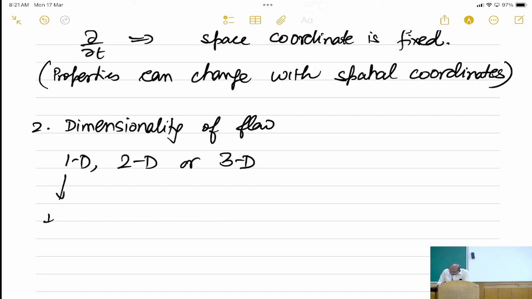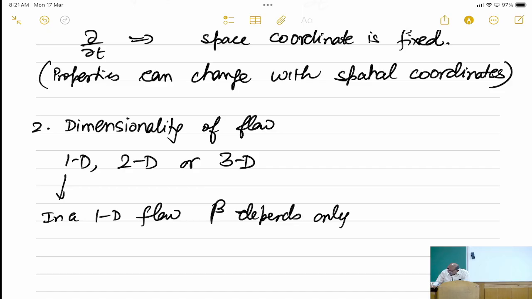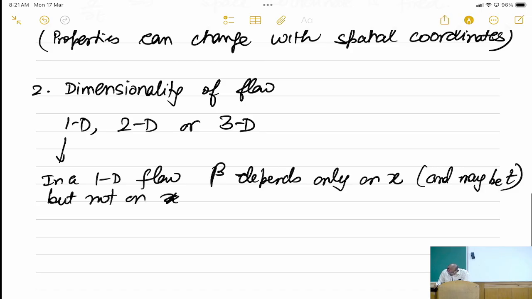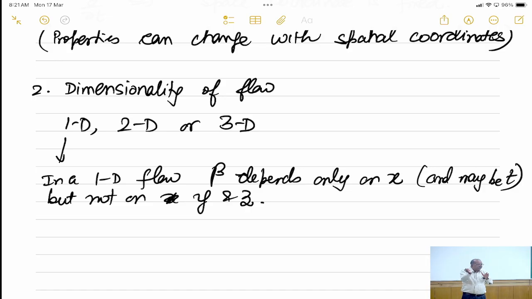So in a one-dimensional flow, the properties will depend only on one spatial direction.